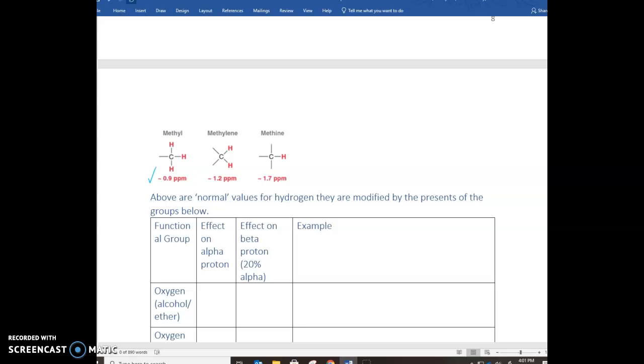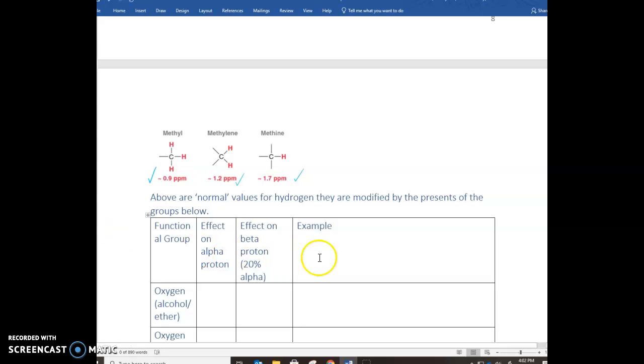If we have a methylene group, that's a carbon with 2 hydrogens attached, and it's not close to anything, we expect to see it at 1.2. A methine is a carbon with a lone proton. We expect to see it at 1.7. So we're going to come up with a table that gives us an estimate of what the downshift should be for different groups.